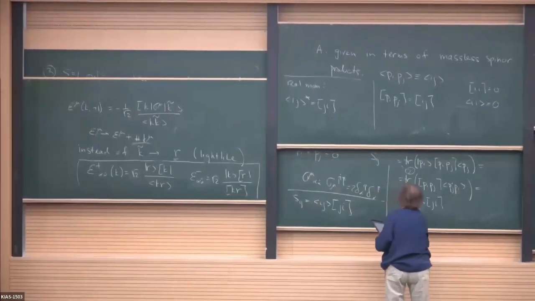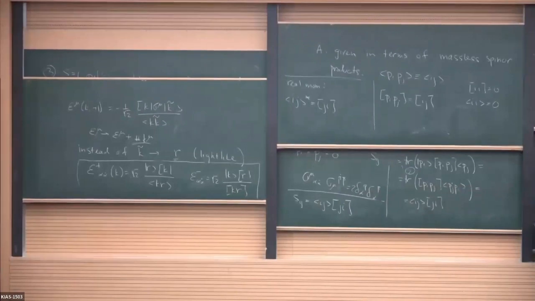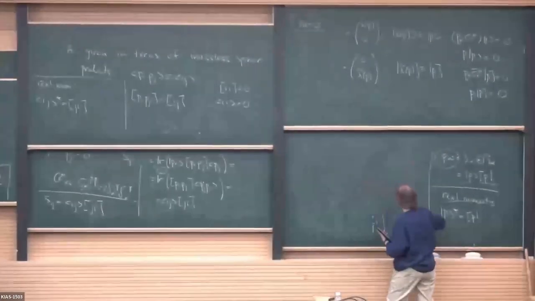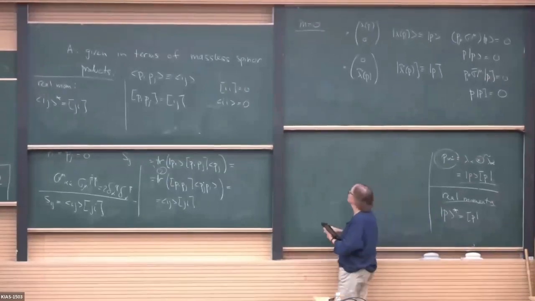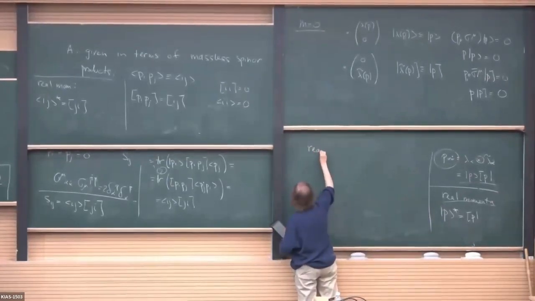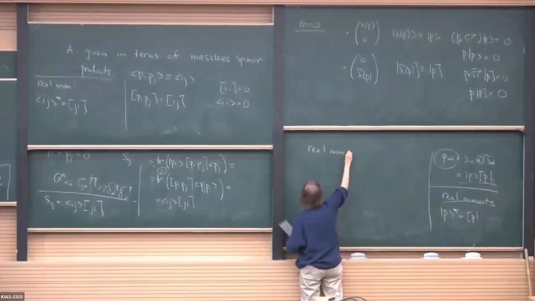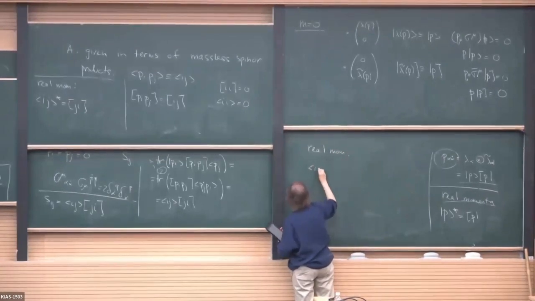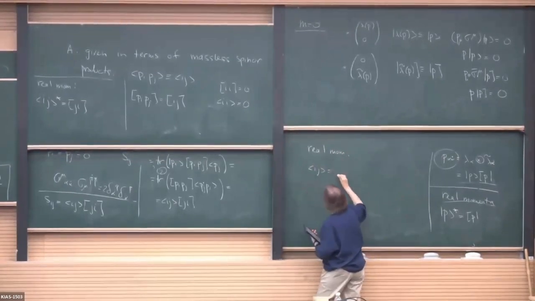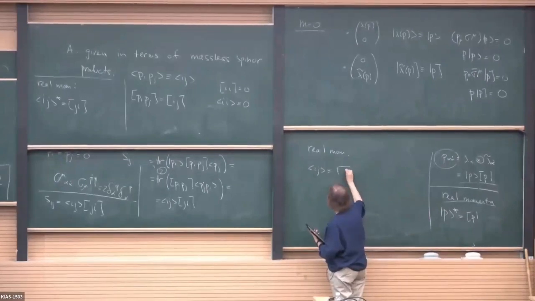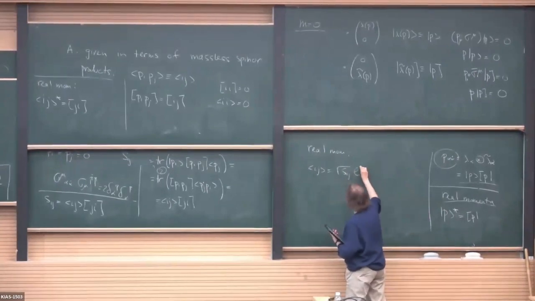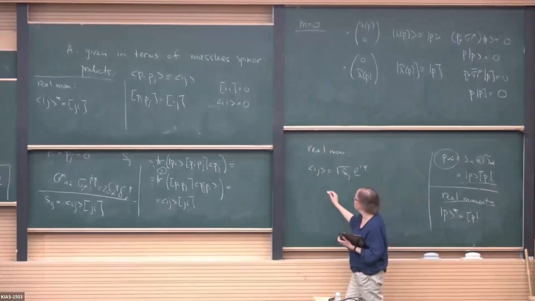And let me just say one more thing. So you see that if you have real momenta, then each one of these spinor products is just given by the square root of Sij up to some phase.